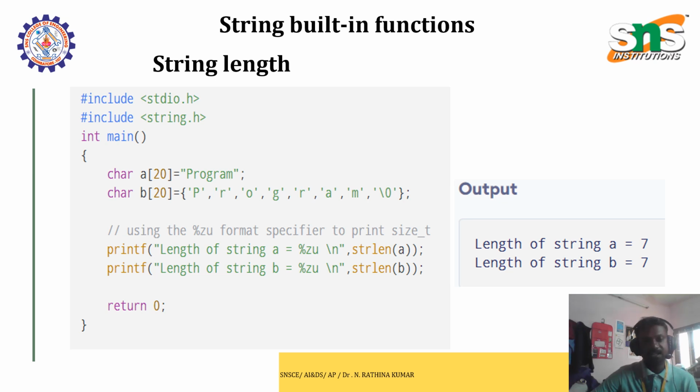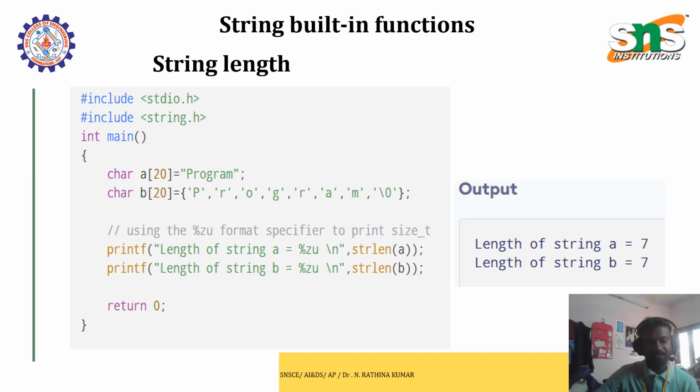The array contains the word program. P is the first character, R is the second character, O is the third character, G, R, A, M. So in total it contains 7 characters. See the output, we get the length of the string as 7.